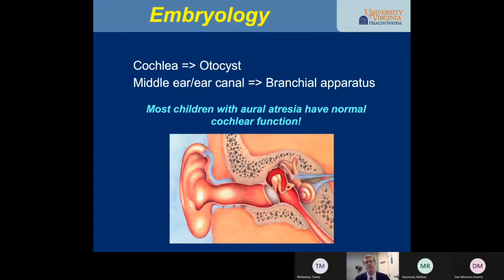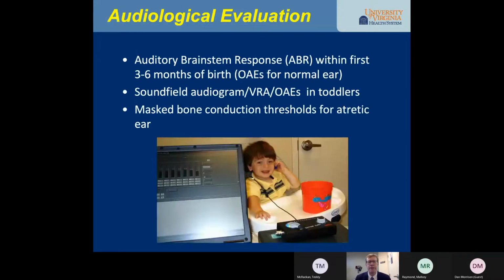The timing is different and the embryologic origin is different between the two systems, so that the cochlea and the auditory nerve are usually normally developed, whereas in the branchial apparatus, there's failure of the ear canal to open. And that's, again, a branchial apparatus abnormality.